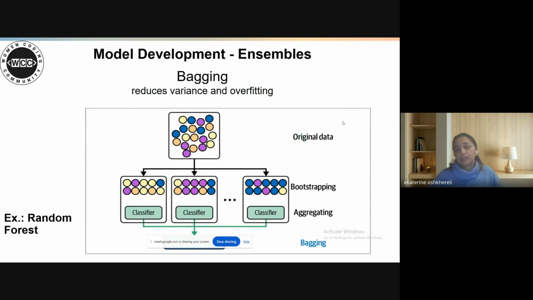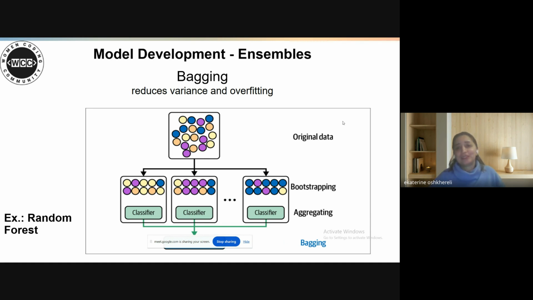Yes, and of course we can choose one model, but if we want to improve our performance, we can use not just one model, but an ensemble of multiple models. There are three ways of making this kind of ensemble: bagging, boosting, and stacking.